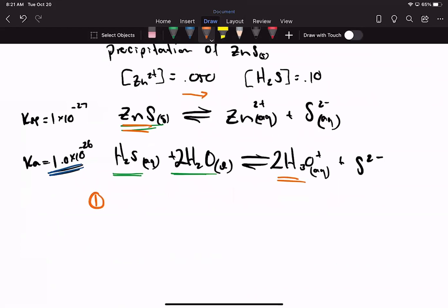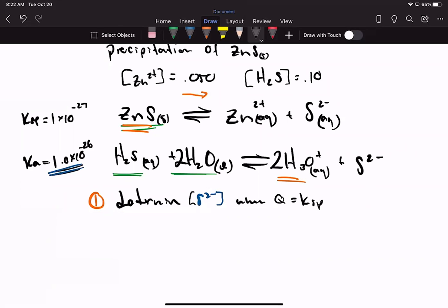We'll put a step one in here, and we're going to determine the concentration of this common ion here when Q is equal to KSP, right?